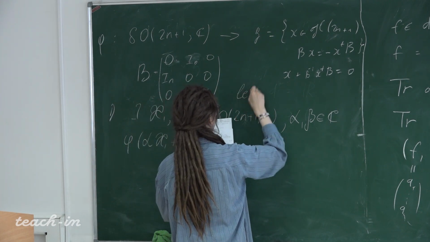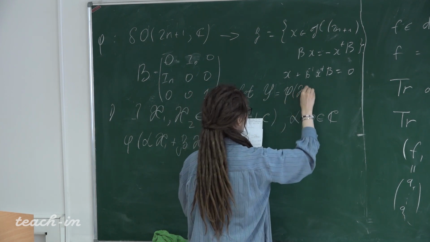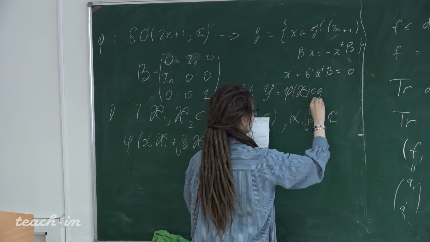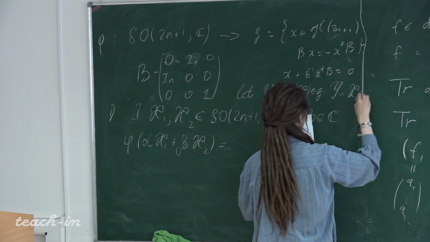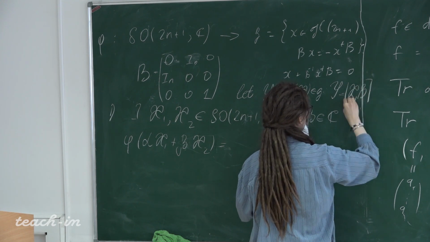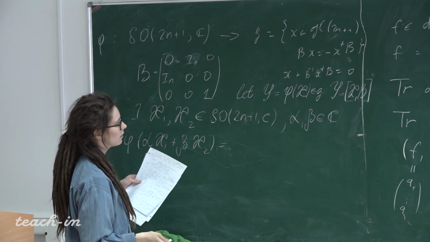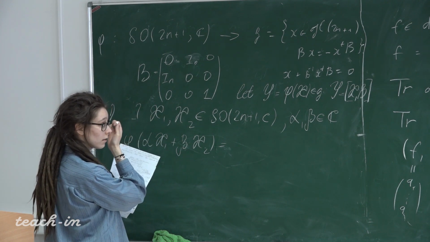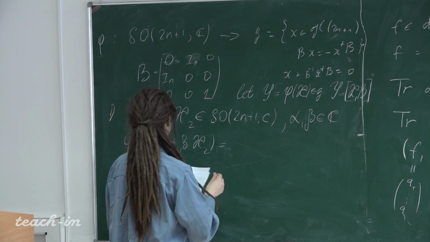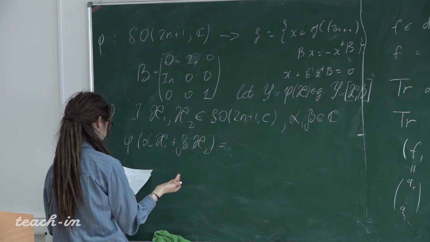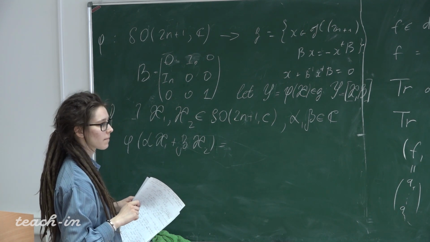Okay. y will be phi of x, such that y is the bracket plus b. That's our B matrix. Okay. So maybe, I don't know, the first step is, I didn't have anything explicit in mind.